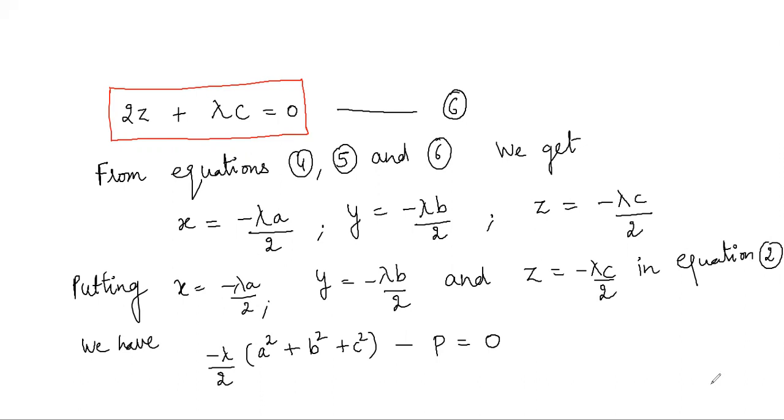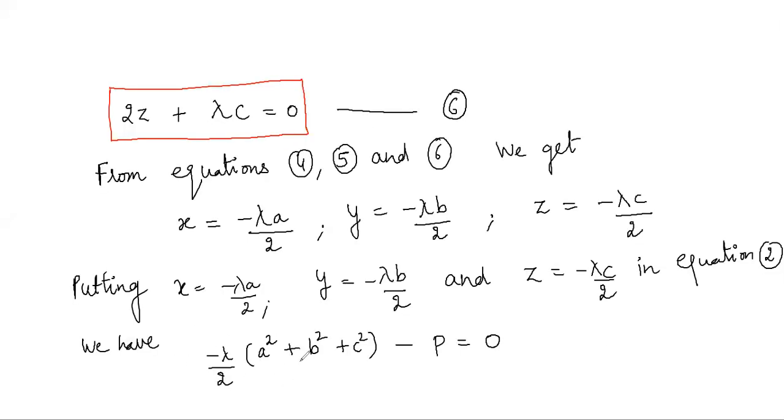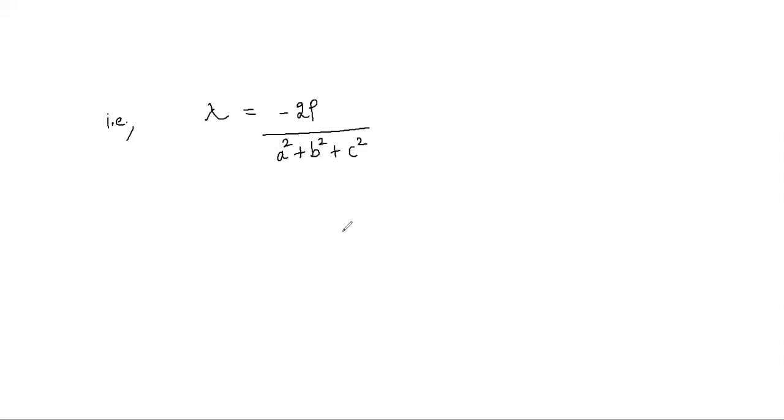That is, lambda will be equal to minus 2p divided by a square plus b square plus c square. We have just simplified it and obtained the Lagrange's multiplier lambda. Now once we have lambda, we can find out x, y and z.